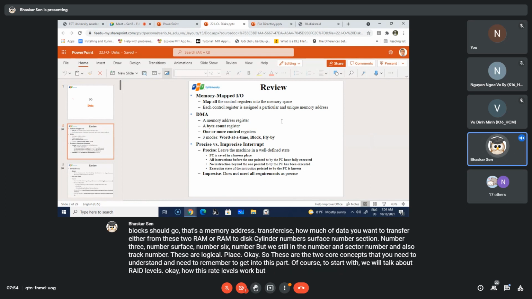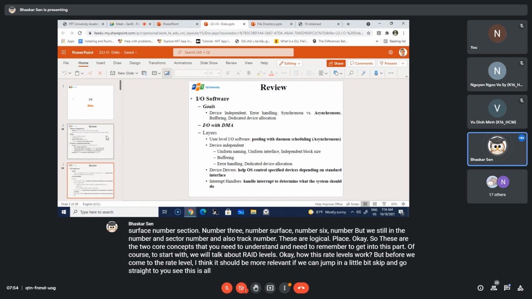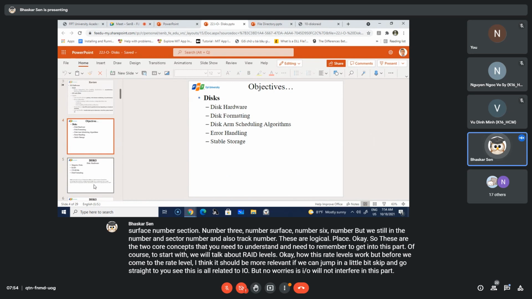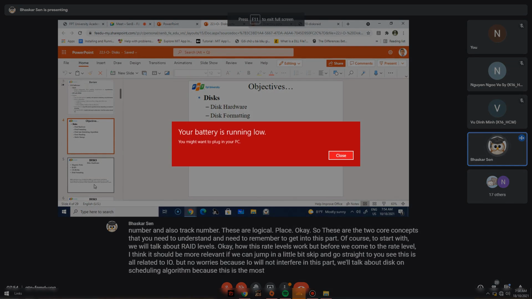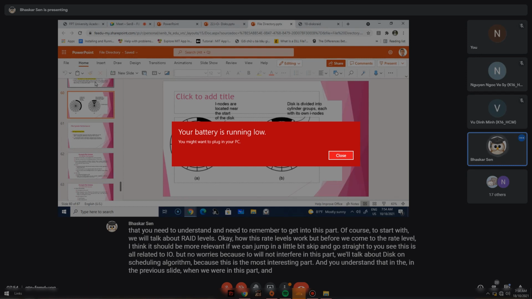But before we come to the RAID levels, I think it would be more relevant if we skip and go straight to the disk arm scheduling algorithms, because this is the most interesting part.